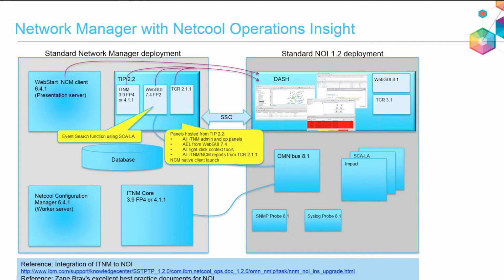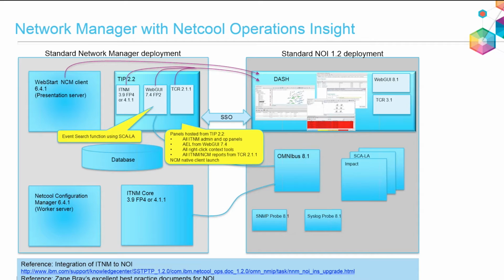You use the TIP to redirect all the pages through Dash, so that operators as well as administrators would log into Dash to see all the pages from TIP. You wouldn't know that TIP was there. There are various scripts that help you reconfigure this. Those are outlined at the link at the bottom of the screen.